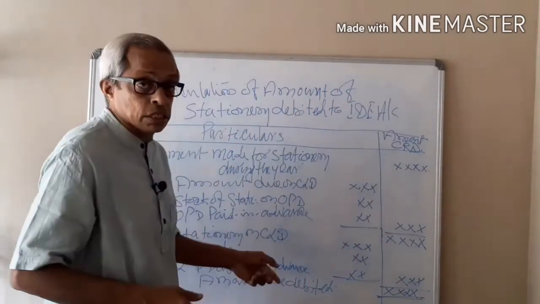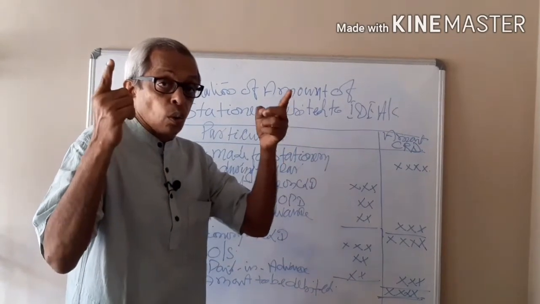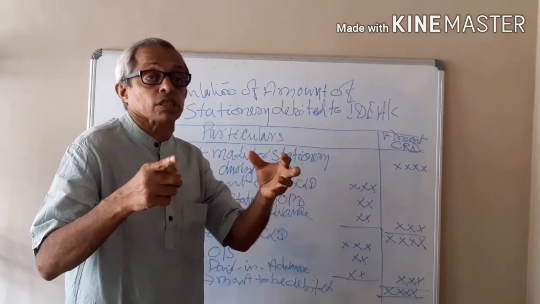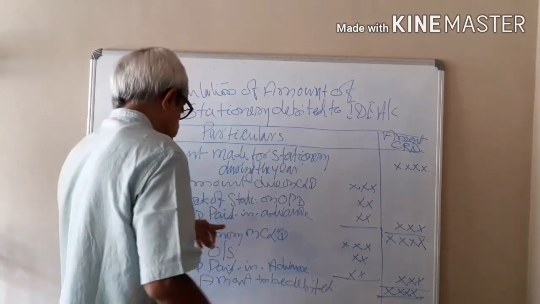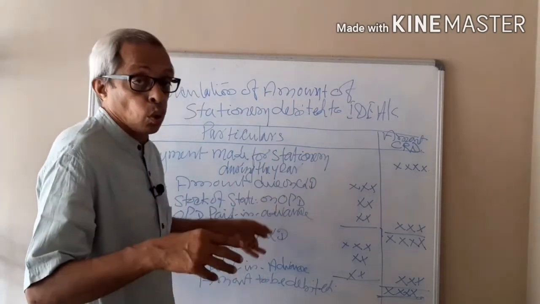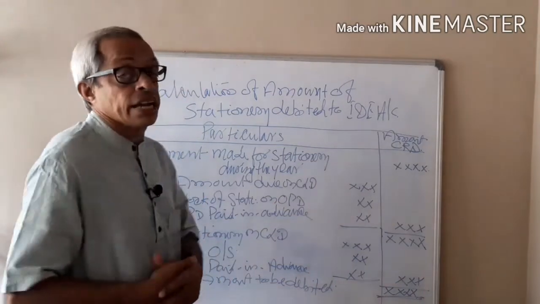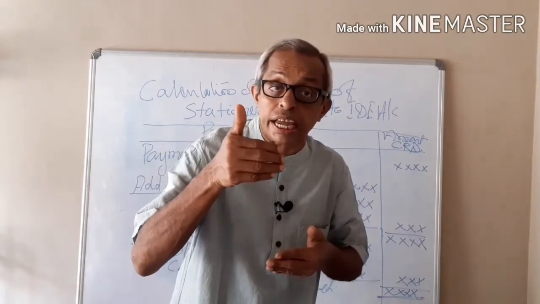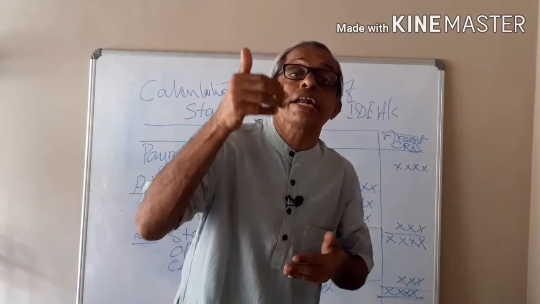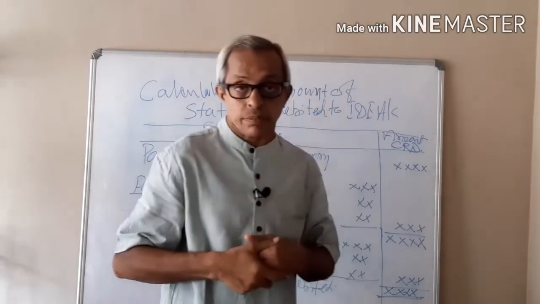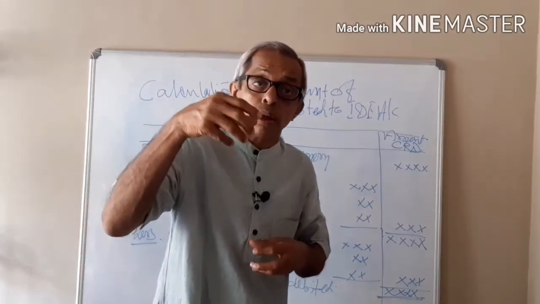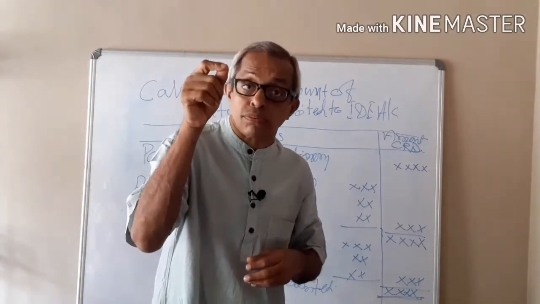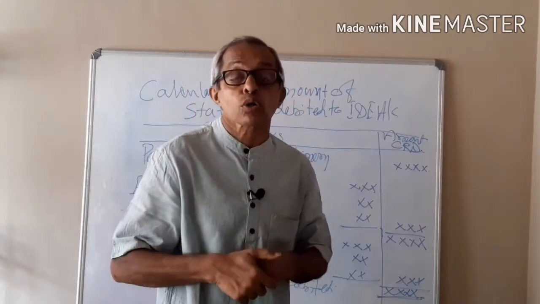The first item is the opening date outstanding amount of stationery, the second item is stationery stock on the closing date, and the third item to be deducted is the closing date balance of stationery paid in advance, that is, the balance of the paid in advance amount on the closing date.